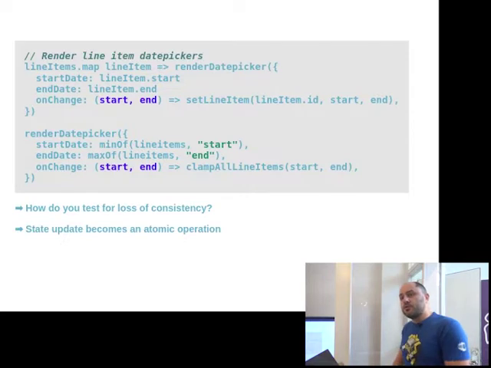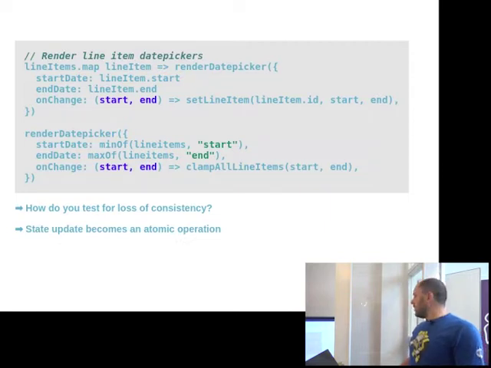We probably want to unit test these functions. Those are functions that modify the state. How do we write a unit test to ensure that those line items do not create an inconsistency with the main date picker? We cannot even write the test. Unit tests are good, but the best unit test is the one that you don't have to write.